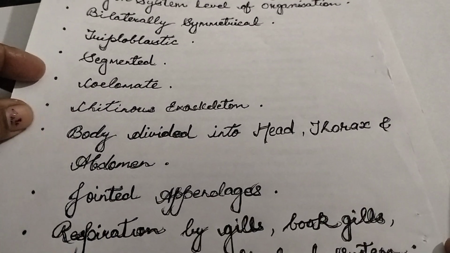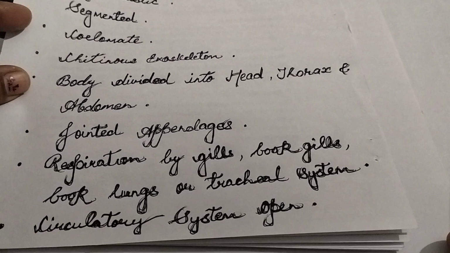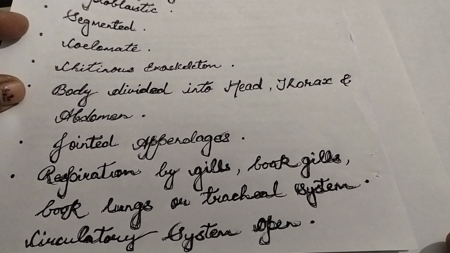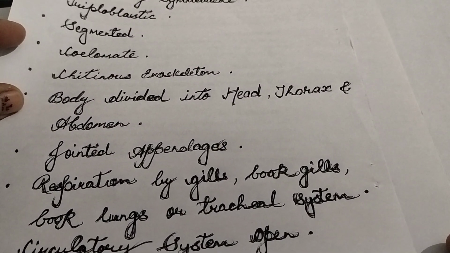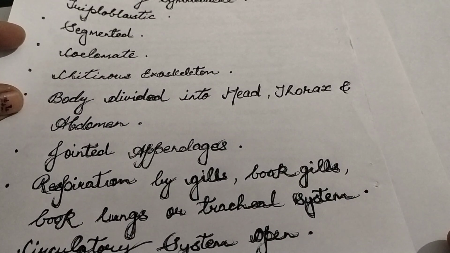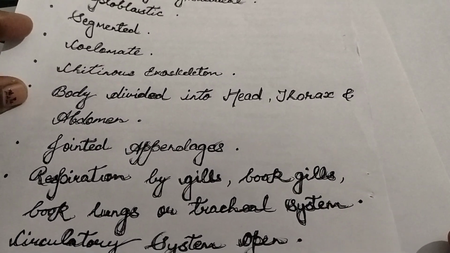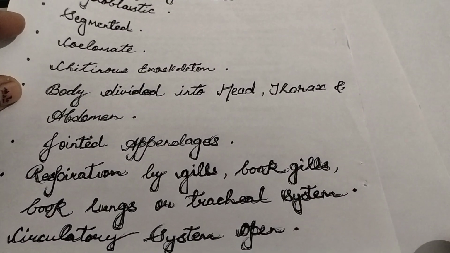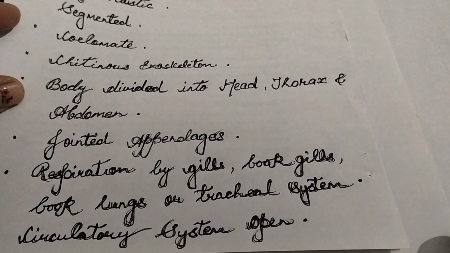Next, respiration is by gills, book lungs, or trachea. As I just told you, there are a vast number of members in Arthropoda. There exists a variety, a diversity, and hence different insects have different types of mechanisms.